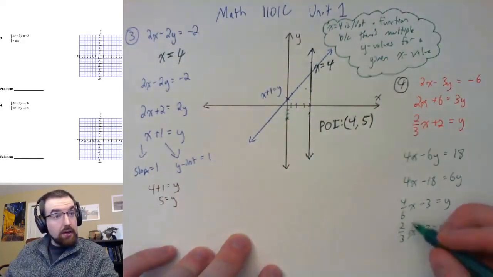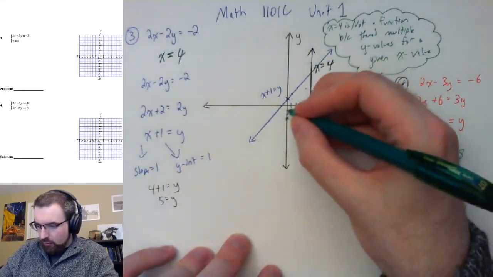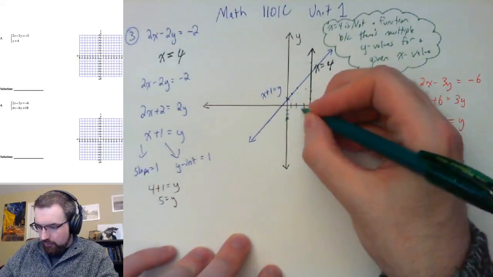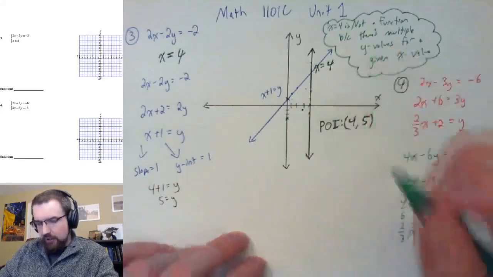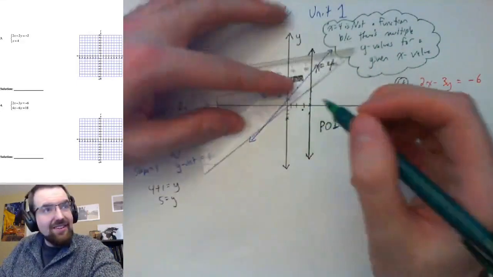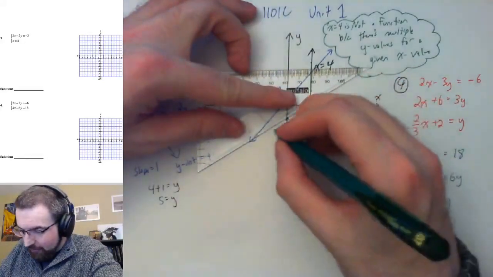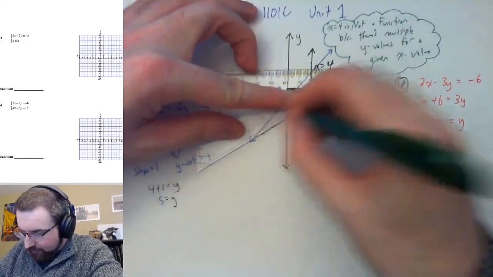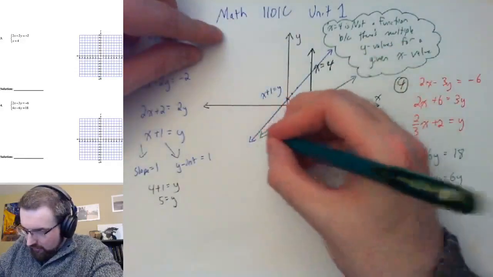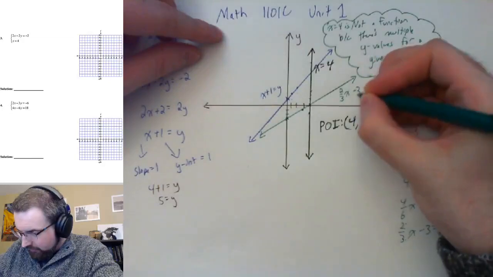And now we know that our slope is our rise over our run, so it's going to go up 2 when it goes to the right 3. 1, 2, 3. So it's going to be about here, the way I've got these drawn. Now, obviously, this is a super scuffed scale here, so not super accurate, but this is going to be 2 over 3x minus 3 equals y.